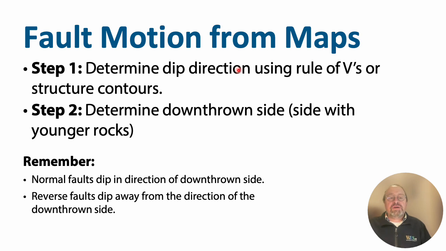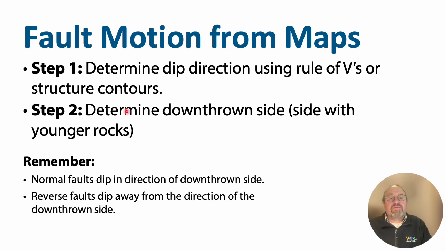So when we're trying to understand how faults have moved, we can understand this on the map, and I'll show you now how to do that. So the first thing is to figure out which way the strata on either side of the fault are dipping, and we do that using our old friend the rule of V's, or structure contours, to decide which way the beds are dipping.